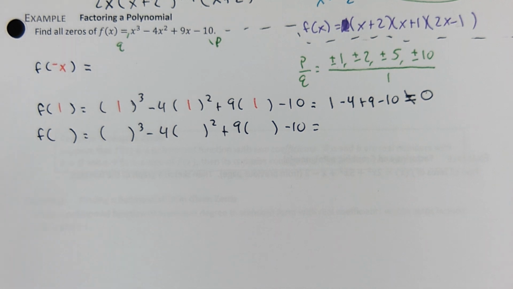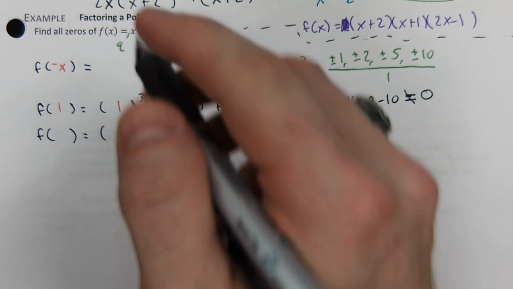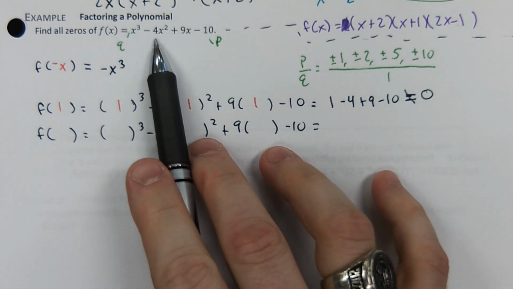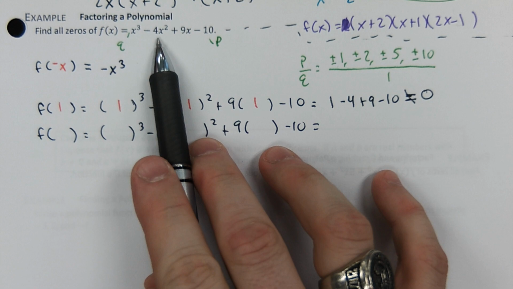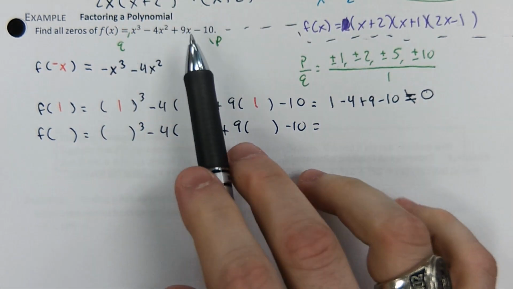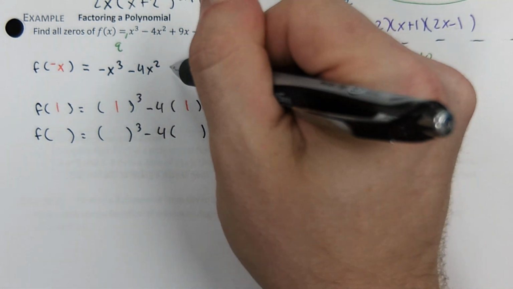Things with even exponents stay exactly the same way they were. So here, I'm going to switch the symbol because that was an odd exponent. Here, even exponent, plugging in a negative does not affect it. Here, switch the symbol because odd exponent.